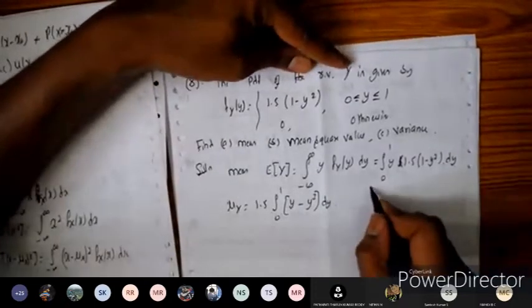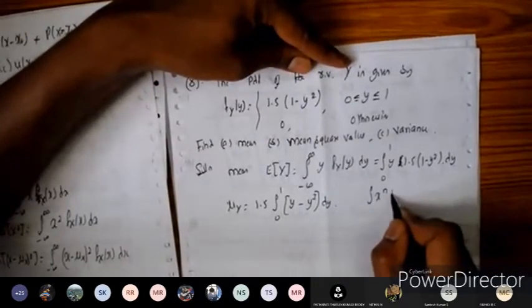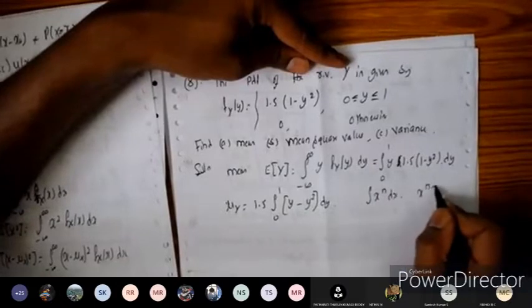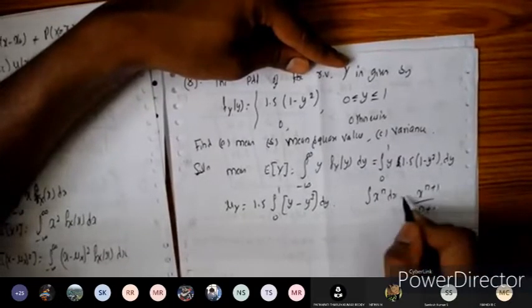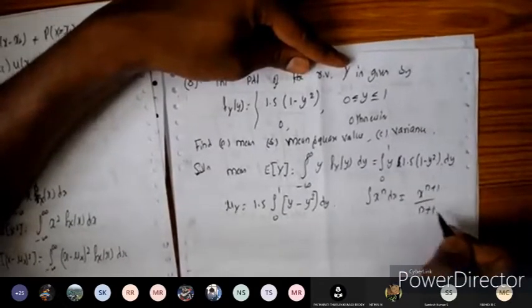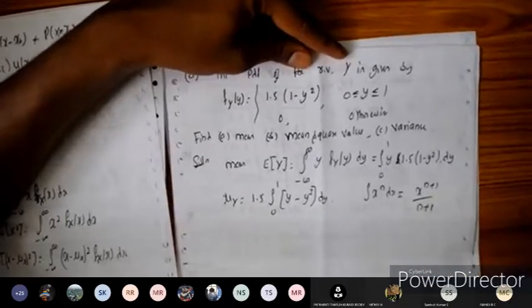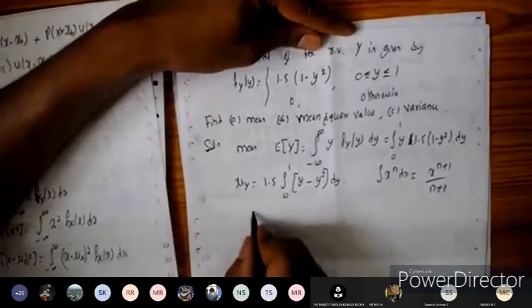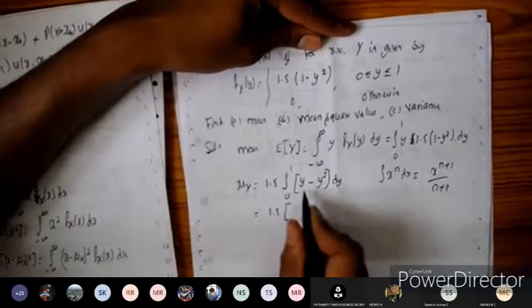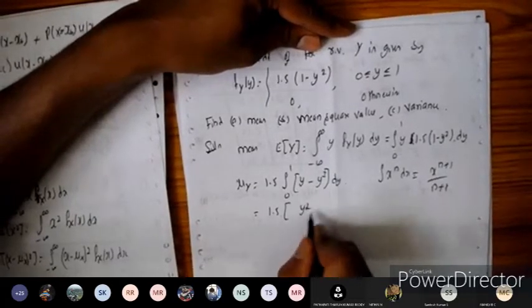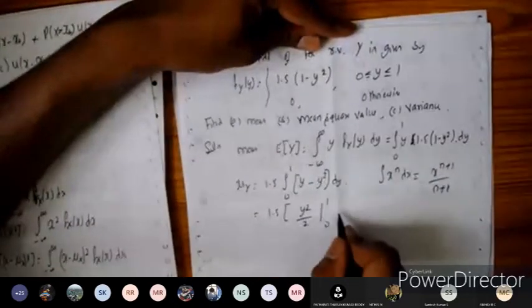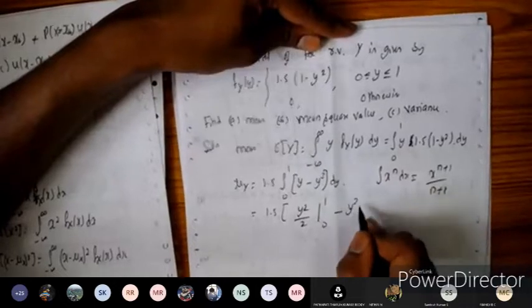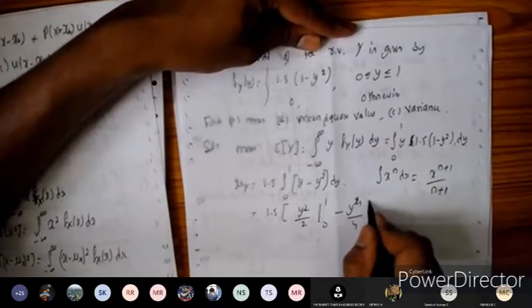You know the integration of x to the power of n dx is x to the power of n plus 1 divided by n plus 1. Keeping this formula in mind, integrate this: 1.5 times the integration of y is y square by 2, with limit 0 to 1, minus the integration of y cube, which is y to the power of 4 divided by 4.